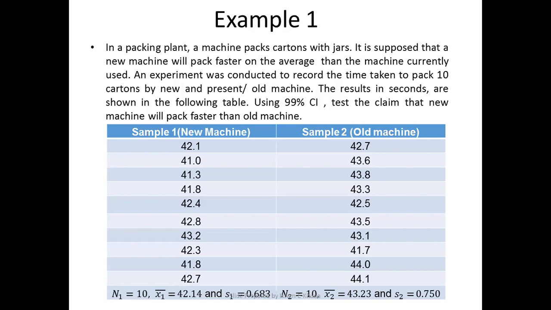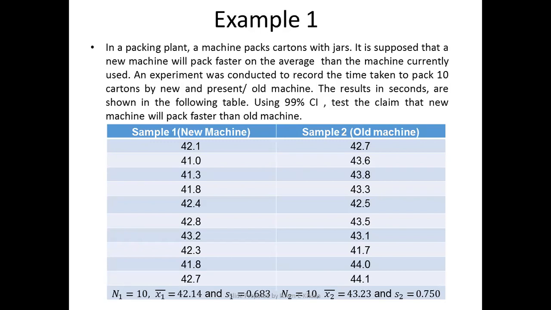We have done this example previously in the estimation of the differences of mean. Now we will use the same example but for a different idea, which is the hypothesis test. So we have two samples. Sample one belongs to the new machine and sample two belongs to the old machine. And we have the statistics for these samples as well, like the sample size, the mean value and the standard deviations.